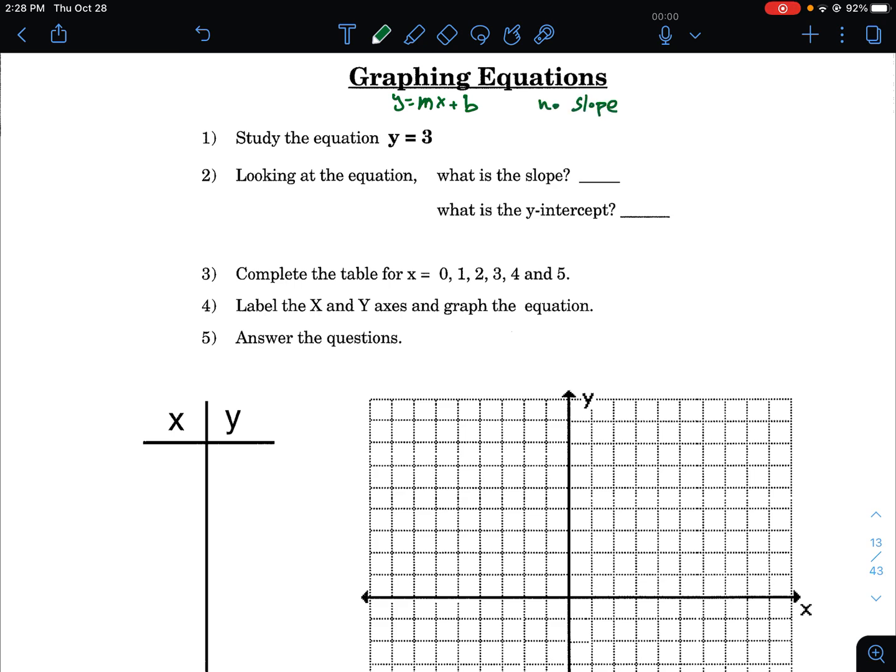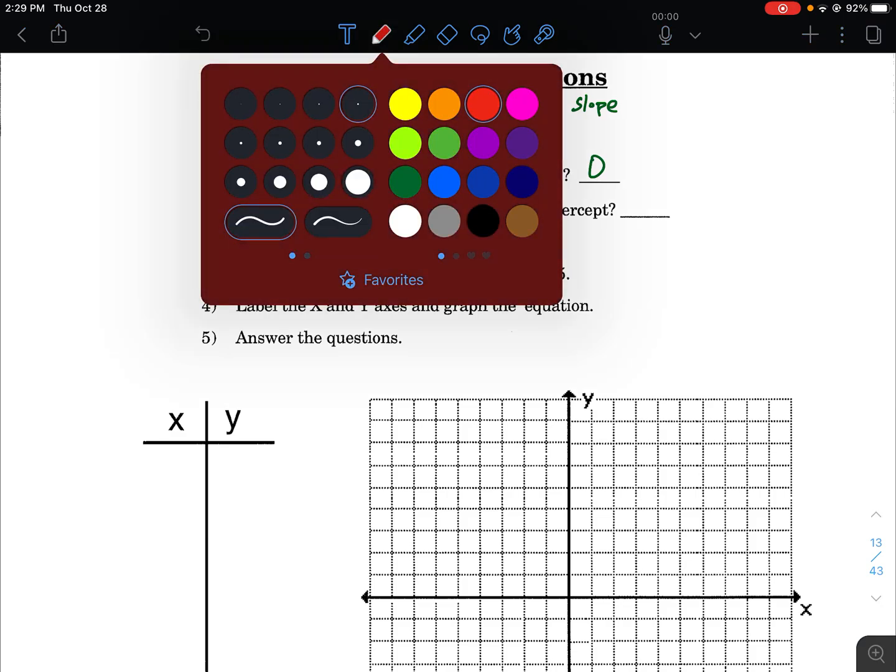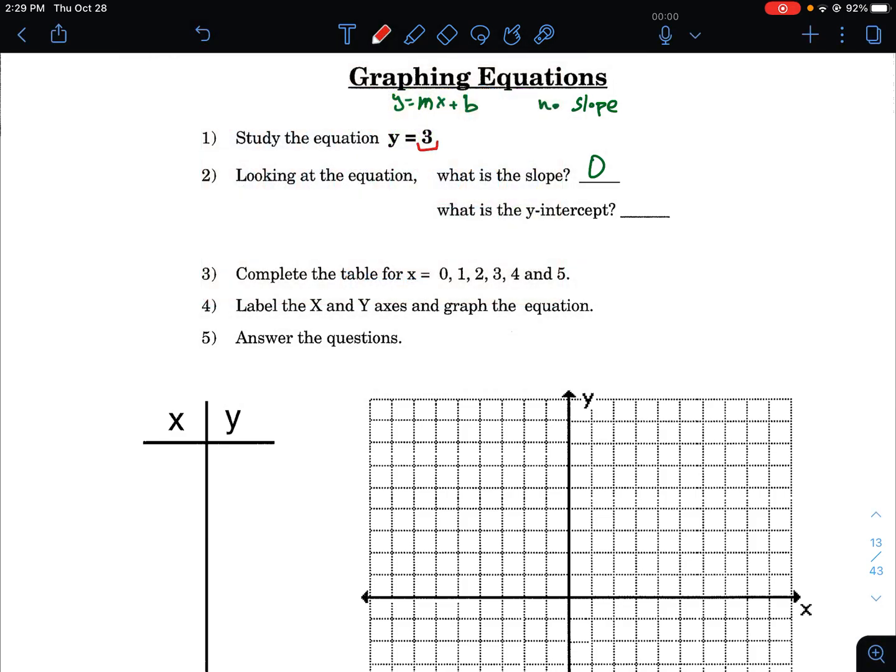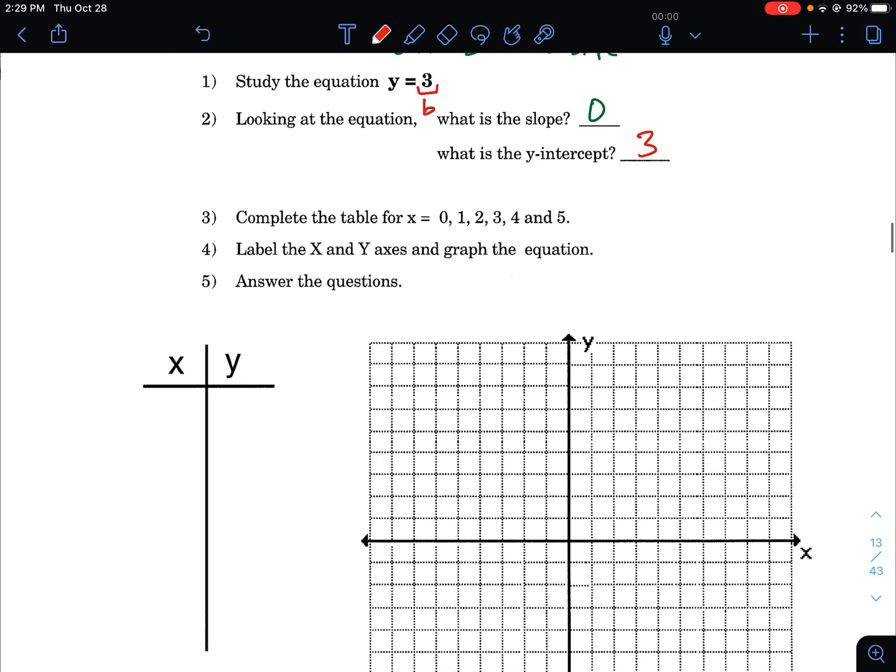When we have no slope, we can say our slope is 0. What is the 3 then? It's the b, because the b is just a constant that's by itself. So this right here is our b, which is 3. They want us to complete the table for when x equals 0, 1, 2, 3, 4, and 5.